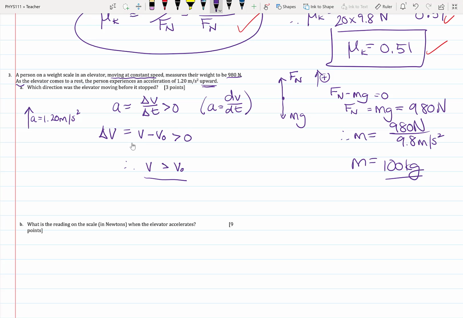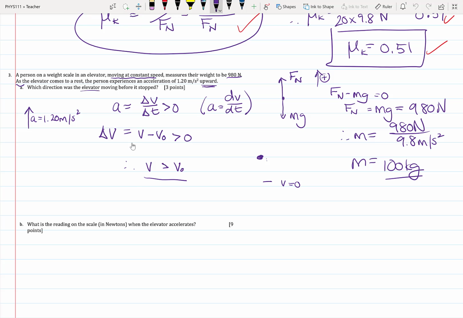Which direction was the elevator moving before it stopped? So let's think about the situation. Let's say there's the elevator and it was moving down. So if it's moving down, it's going at a certain constant speed, that's the initial speed, v0, and then it comes to a final stop, right?